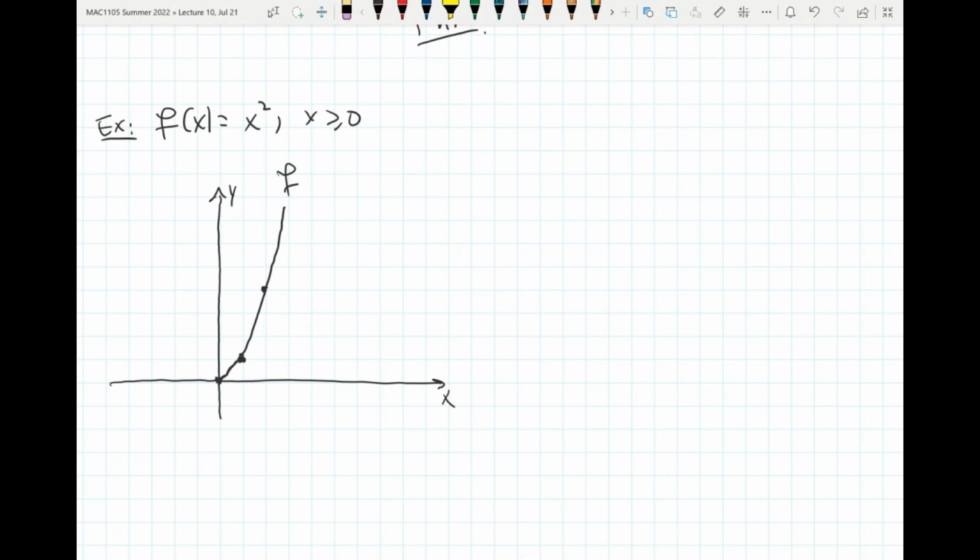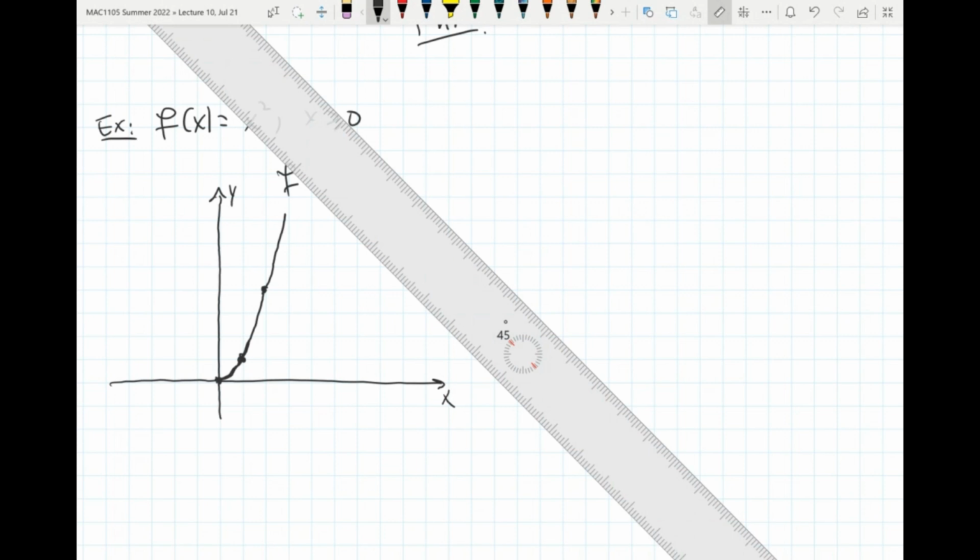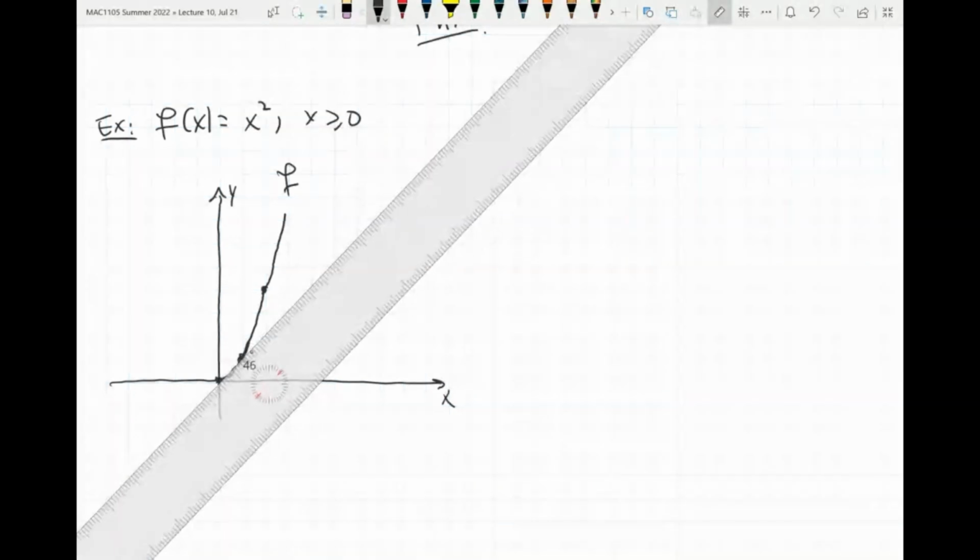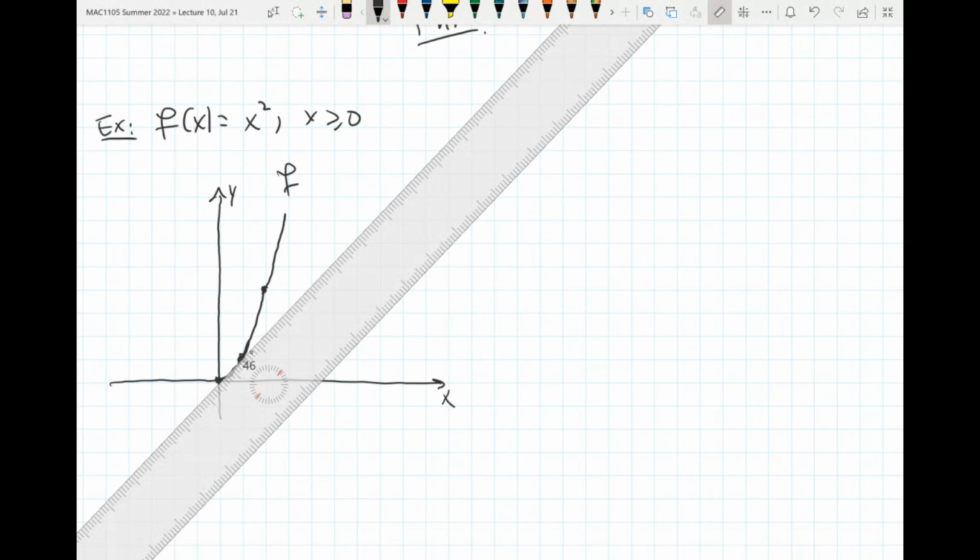So if we're going to do this a little bit more parabolic, okay, so if we're going to draw the inverse, then what you should do is draw the line y equal x. It goes to all these points, 45 degrees.